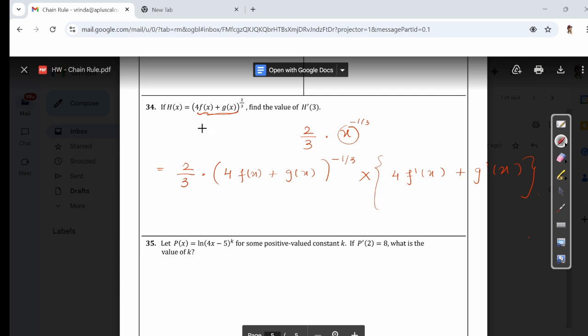I've just used the chain rule, Anika, here. We first did the derivative of the outer function. The outer function was x raised to 2/3, and the inner function is 4f(x) plus g(x). Is this clear, Anika? Or do you have any confusion?